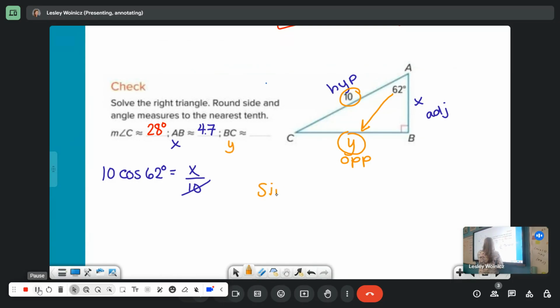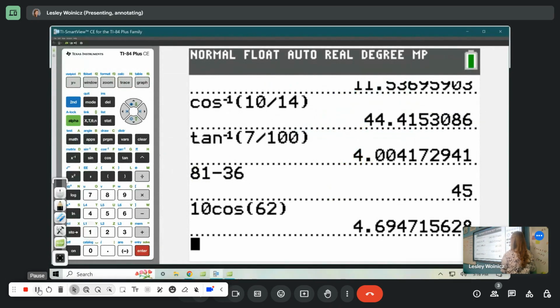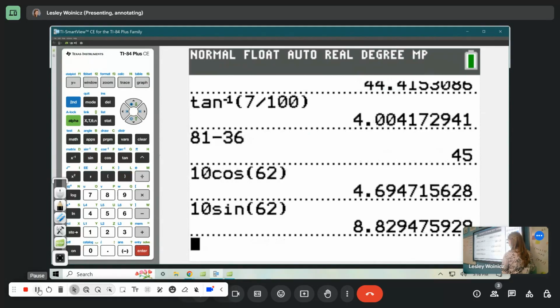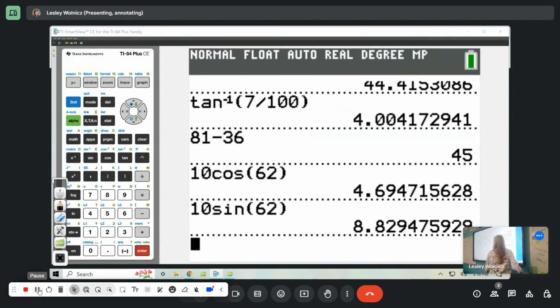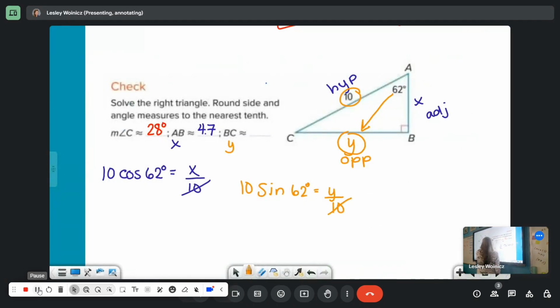So sine of 62 degrees equals y over 10, multiply both sides by 10. 8.8. Easy as pie.